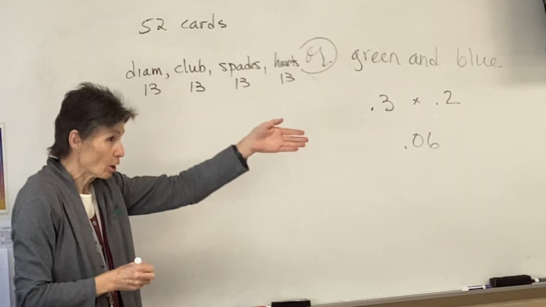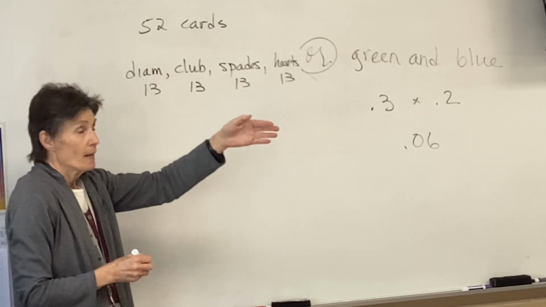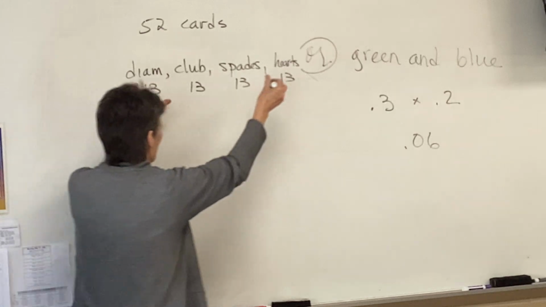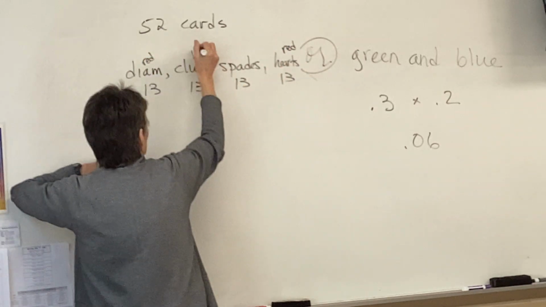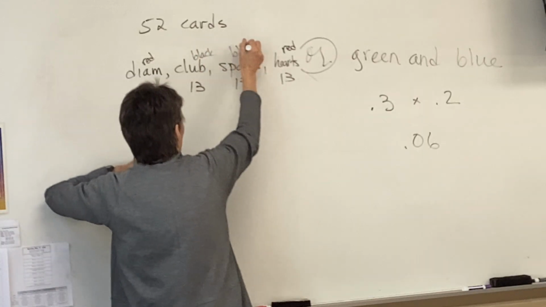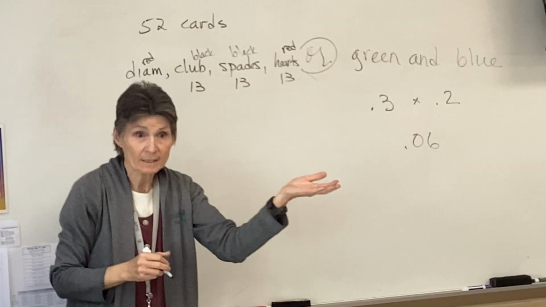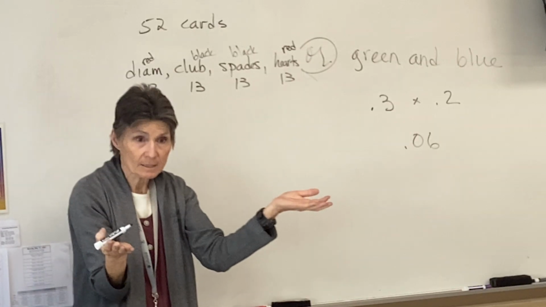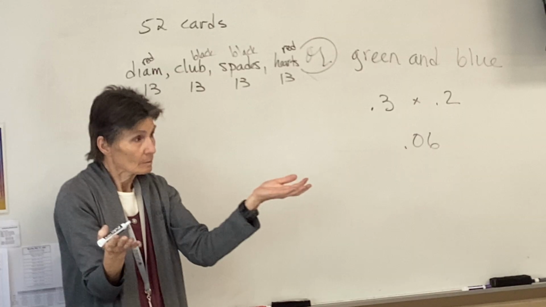So there's 13 hearts in the deck. Hearts and diamonds are red, and clubs and spades are black. So half the deck is red and half the deck is black. Right?